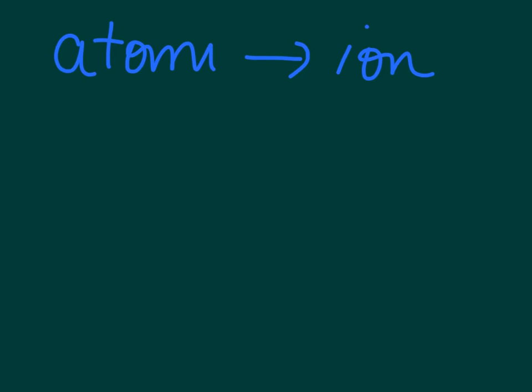That process is how we go from being an atom to an ion. So we go from being neutral, with the number of electrons, protons, and neutrons that we came with, to being charged.